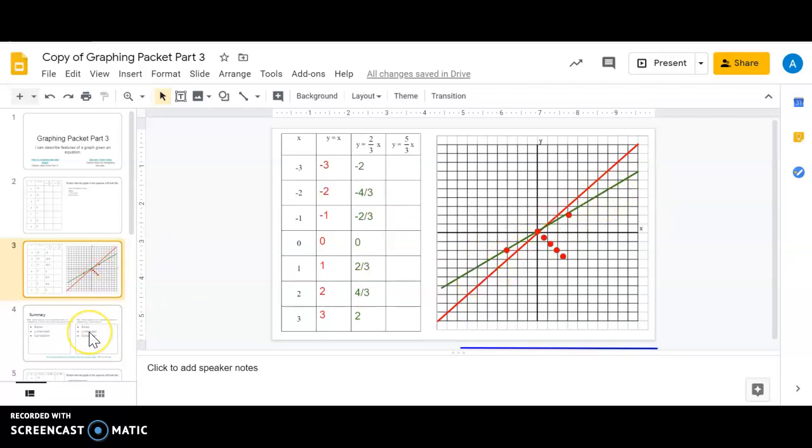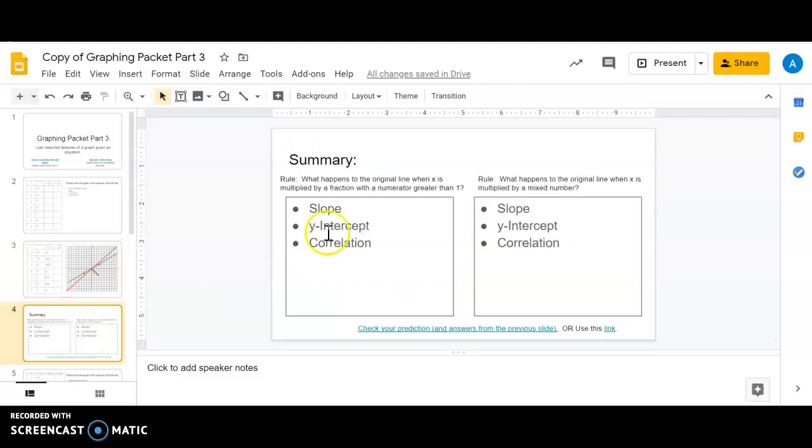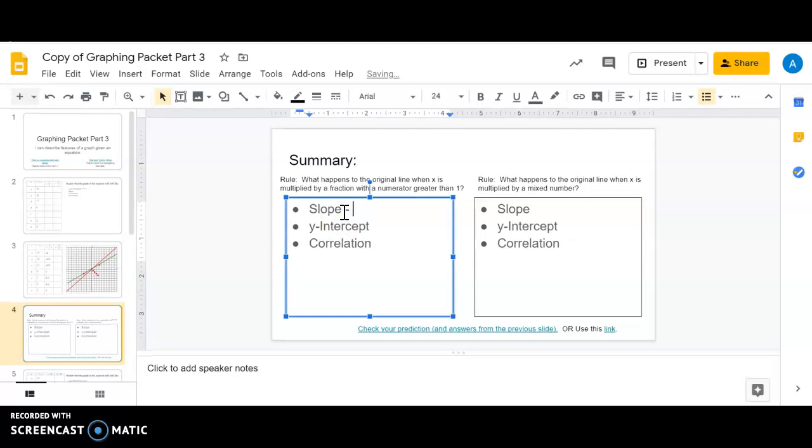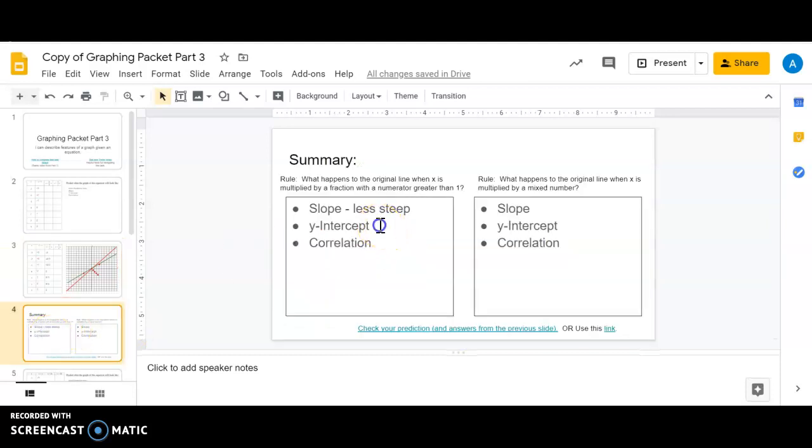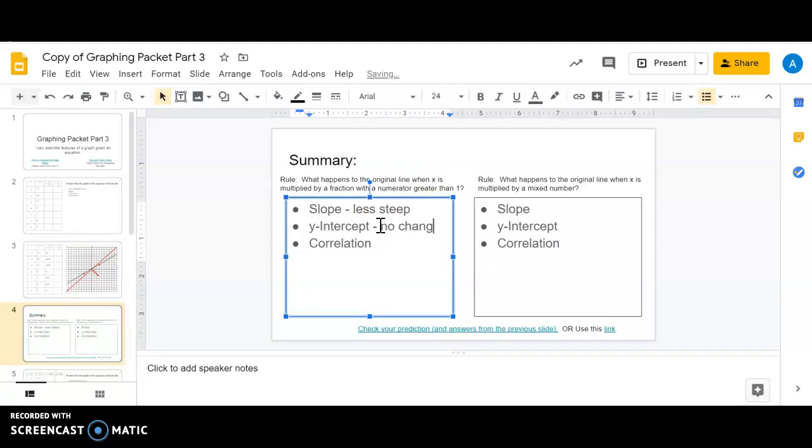Well, when I'm comparing it to the mother line, that hill is a little less steep to walk up. So my slope is going to get less steep. My y-intercept didn't change. It's still crossing the y-axis at 0, okay? So my y-intercept has no change, or you can say 0, 0.